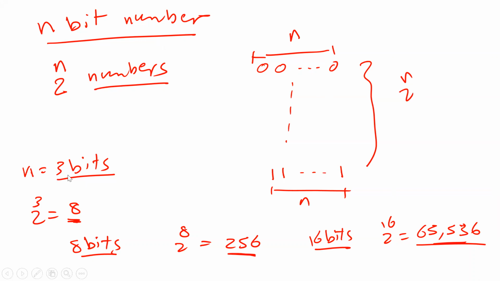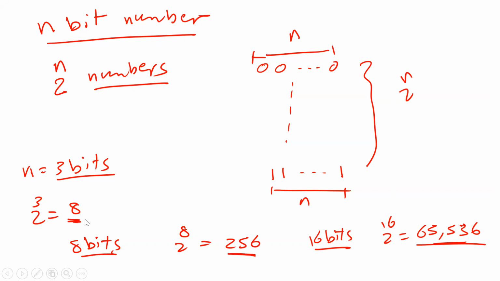I'll give you an example. I have a 3-bit number. Whether it is 3, 5, 4, 8 or 16, I just give you the general rule, for any number. So in 3 bits, how many different numbers can you represent? 2 to the power 3, which is 8.